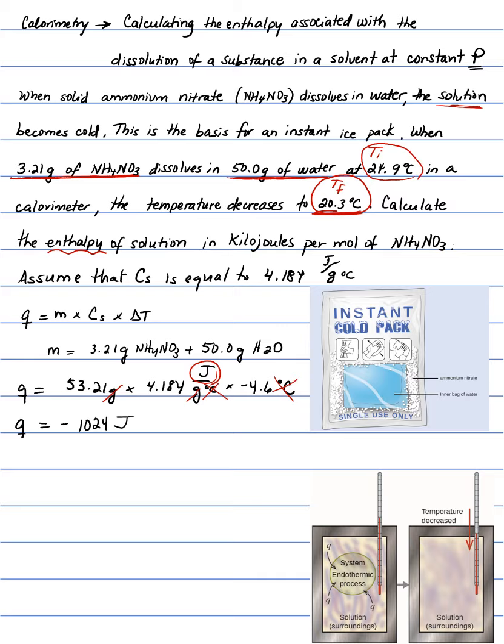The system in this specific example here is the dissolution of your ammonium nitrate in water. That's what you're looking at. Everything that is in contact with your dissolution, with your compound, is going to be the surroundings. So your compound needs to absorb heat from the surroundings in order for the ions to separate.